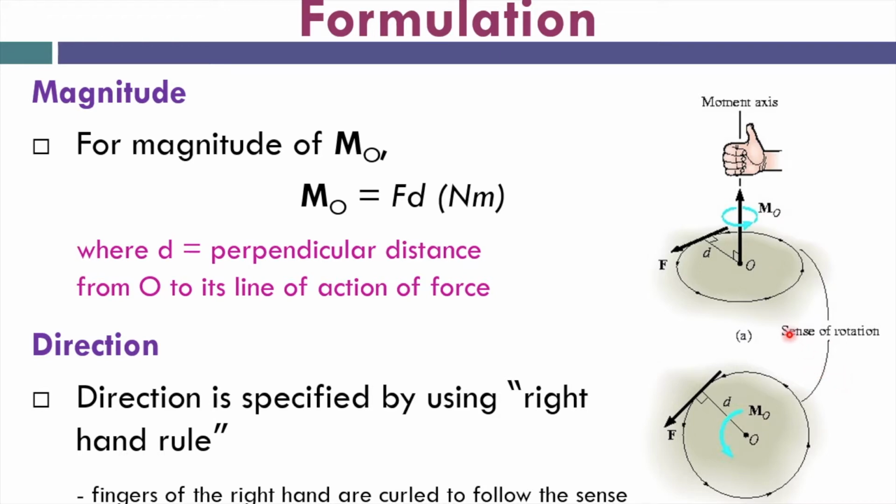Okay, so the arrow here is the sense of rotation. If you see here, it's counterclockwise. Here we have two types of rotation. One is counterclockwise, another one is clockwise. So here it is counterclockwise.